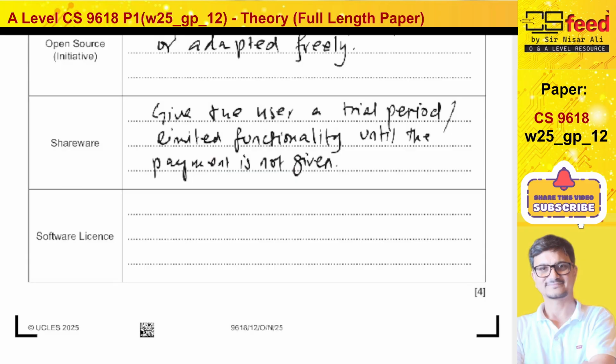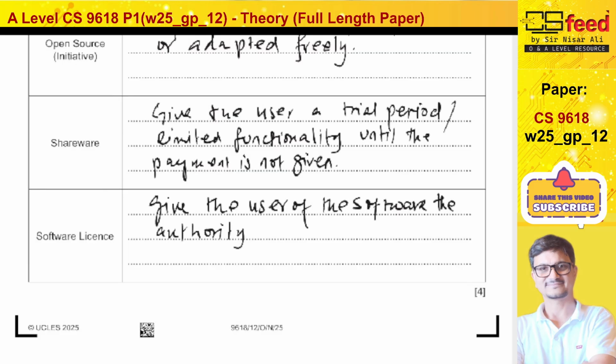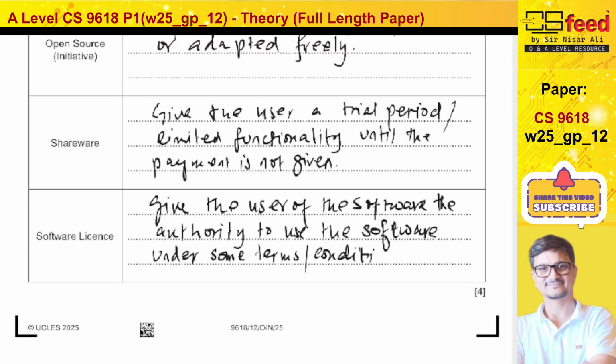Then software license. A software license gives the user of the software the authority to use the software under some terms and conditions.